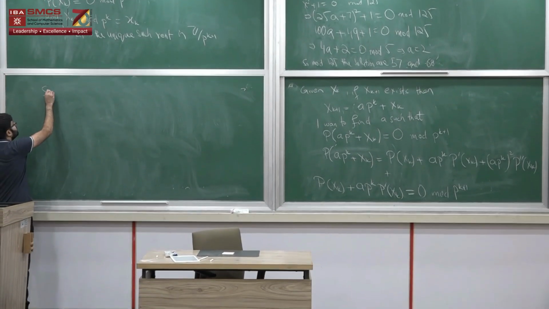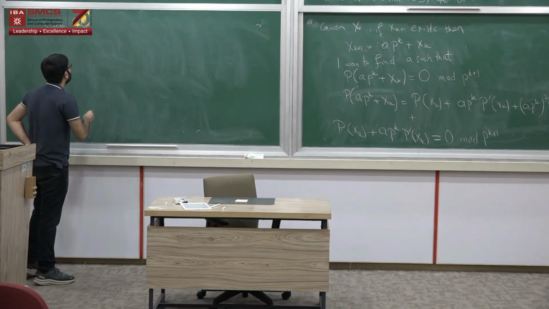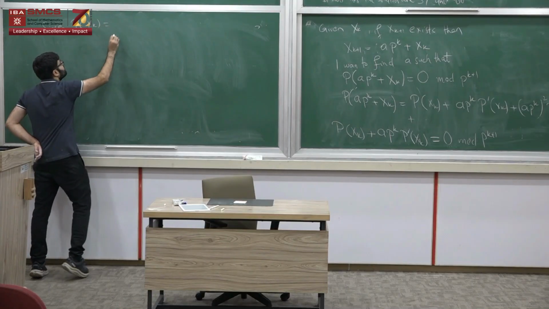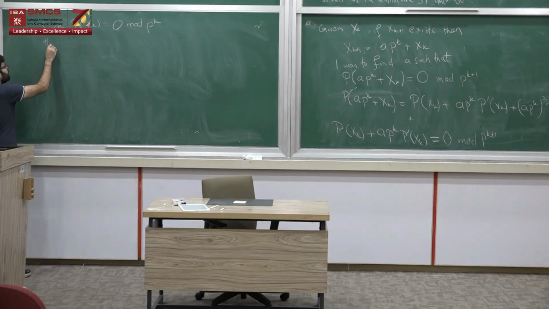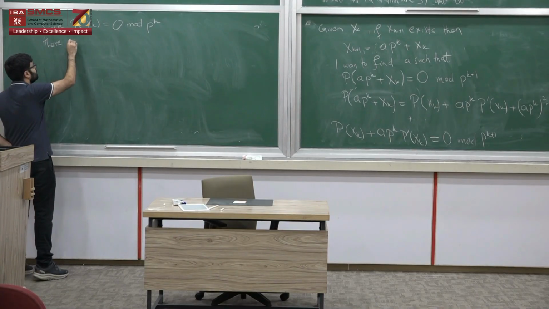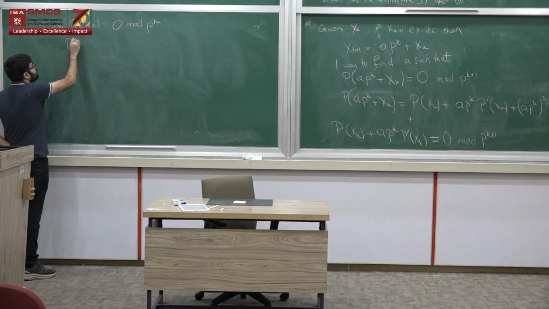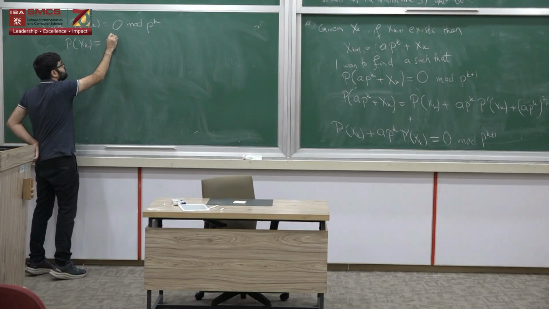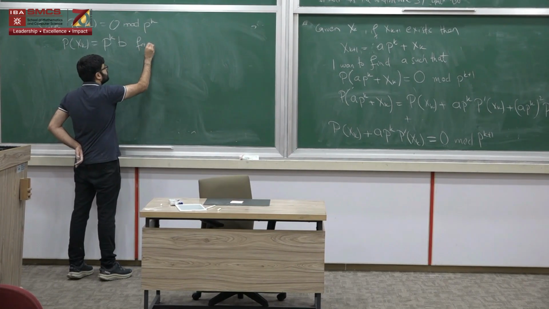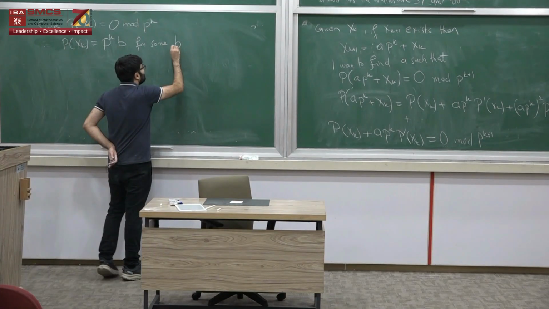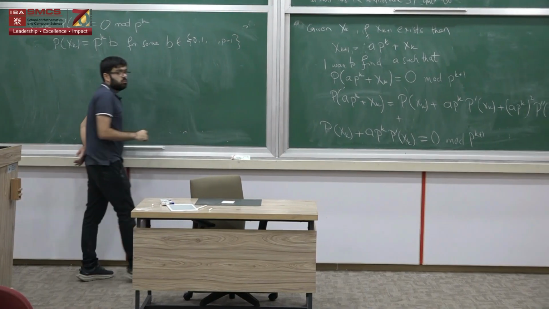So, since P of xk is 0 mod p to the k, P at xk is p to the k times b, for some b in 0, 1, up to p minus 1.